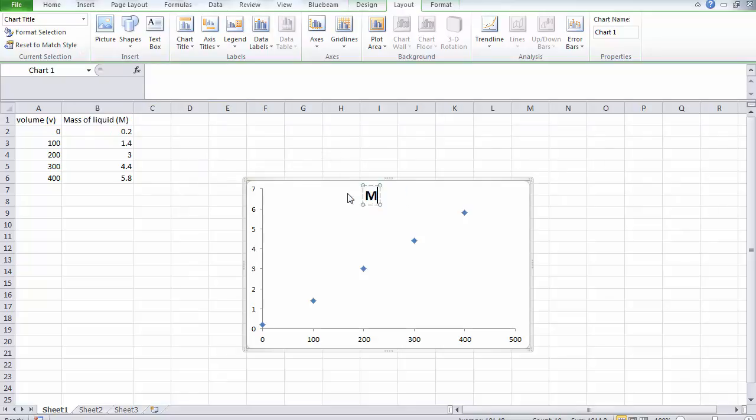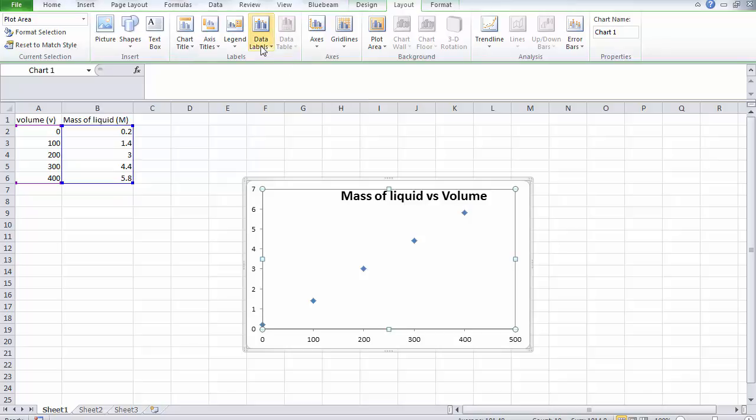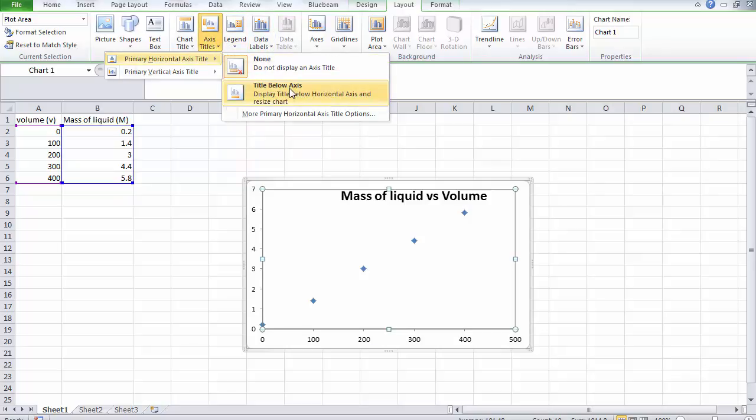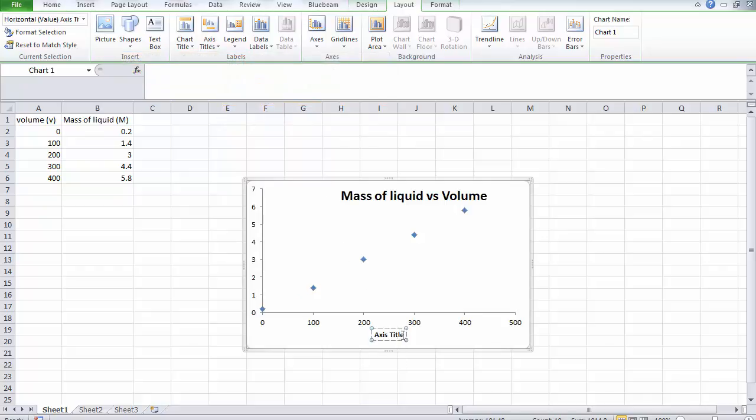So this would be mass of liquid versus volume. Okay, that's nice. What else do we need? Well, we need axis titles. So primary horizontal, below axis. Here we have volume, which was, you know, V, and the unit in square brackets is milliliters.